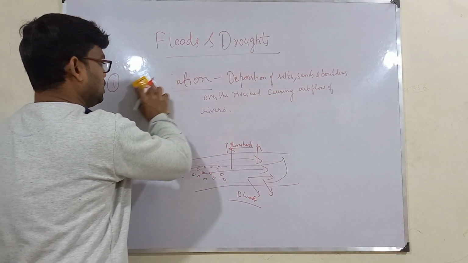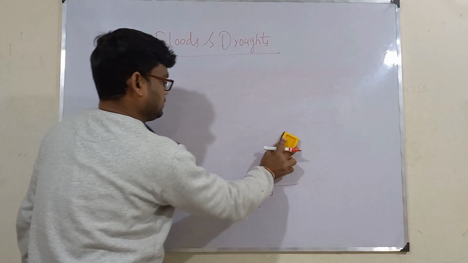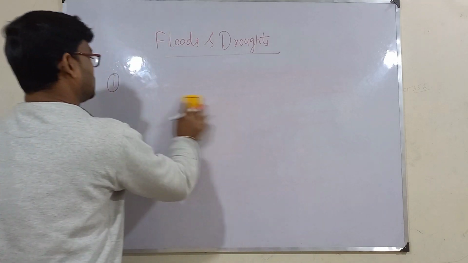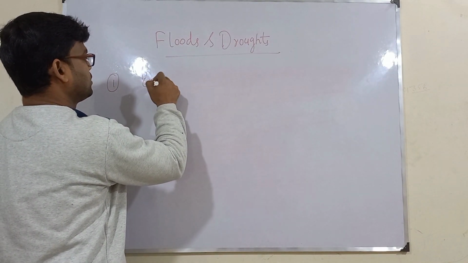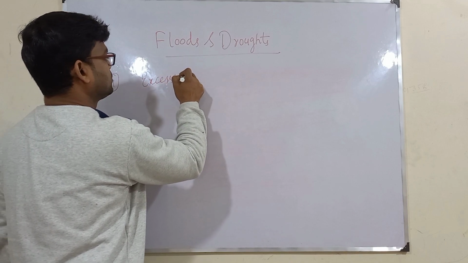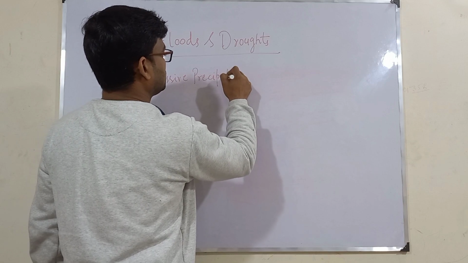So our third reason for floods is excessive rain, excessive precipitation.